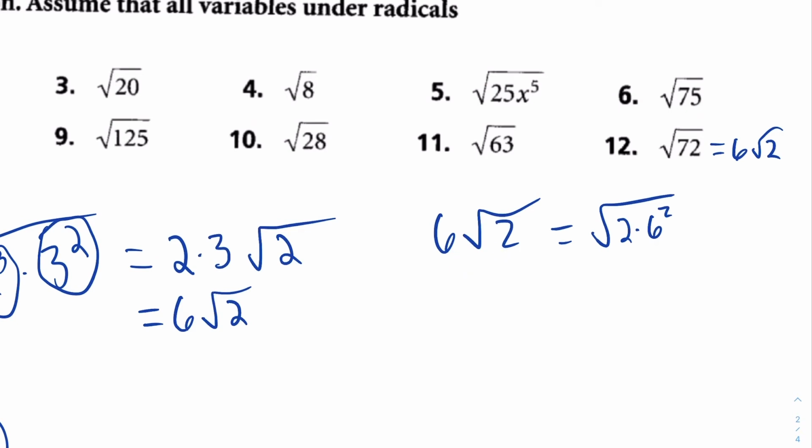A 6 multiplying the outside of a square root is the same thing as having 6 squared inside of the square root. If I do 6 squared, that'll be 2 times 36, and 2 times 36 is 72, so we know that we factored it correctly.